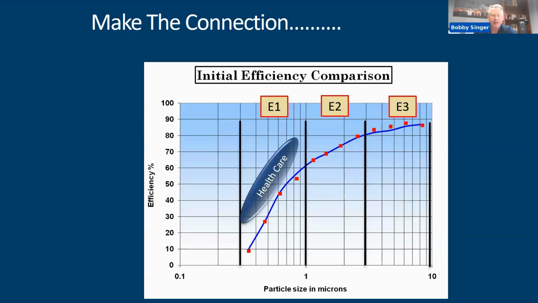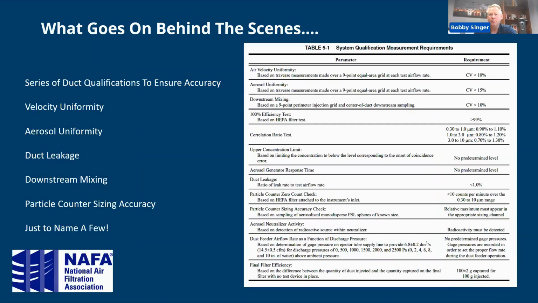Those are those small particles that actually make people sick. The E2, that would be more in the HVAC world. You talk about MERV 8s through 13s, E2s, that's where that becomes relevant. The larger particles, that's more of your industrial applications, your paints and things of that nature. So it's important to know where the filter is going to go and to look at the data that's presented to make more educated decisions.